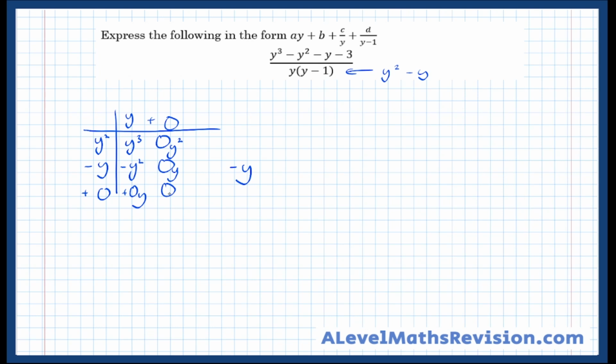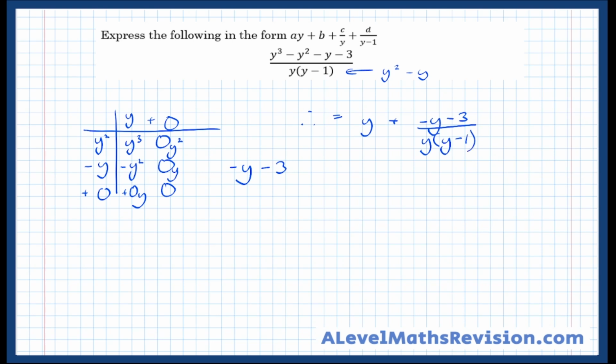And numbers wise, we've got 0 and we need minus 3, so that there is also a remainder. Therefore, we can say that that's equal to, so the quotient is just y, so y, then the remainder is minus y minus 3 over y minus 1, like that.